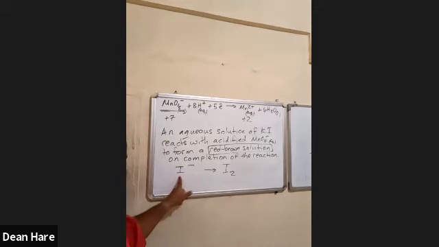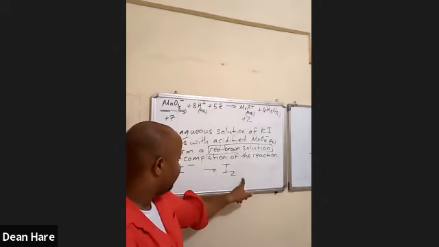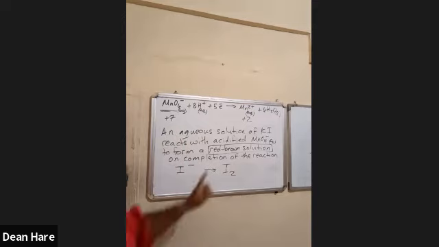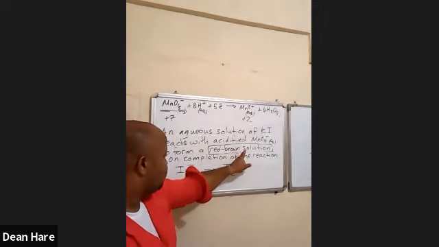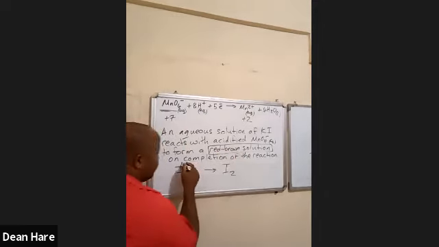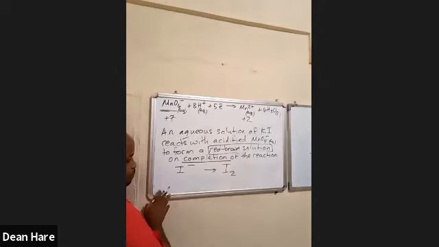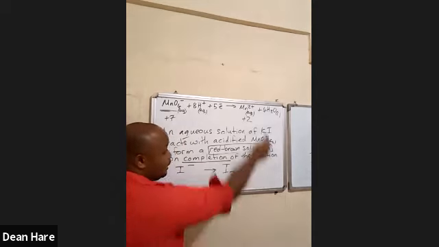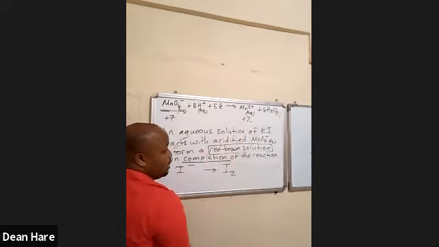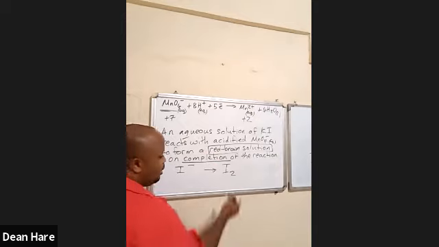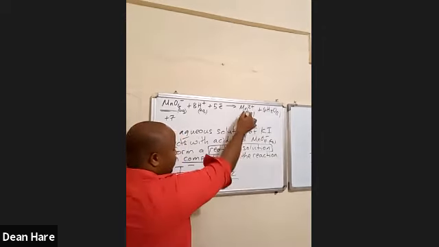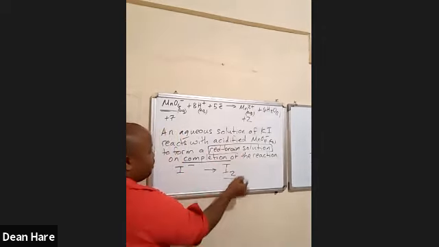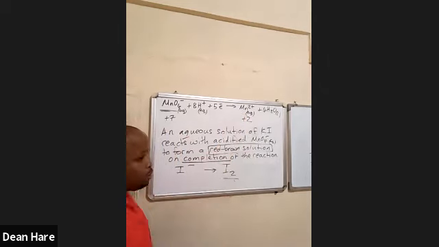That is how we know to set up this equation. On completion, you would have got your product. Your product is this ion, which is not a red-brown color, and I2. So it's one of these two that is responsible for the red-brown color. So it must be I2, iodine.